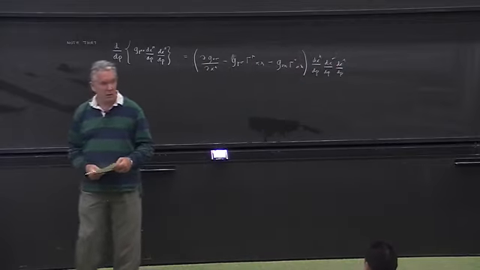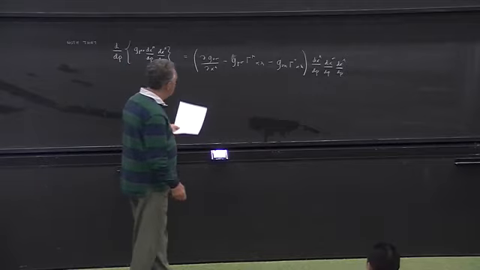So all we've done is differentiated with respect to p, but we've expressed it in terms of the gammas.